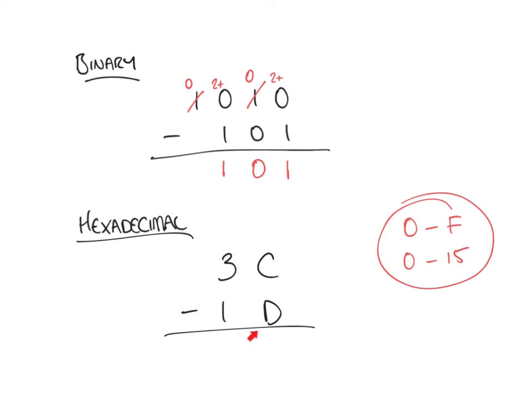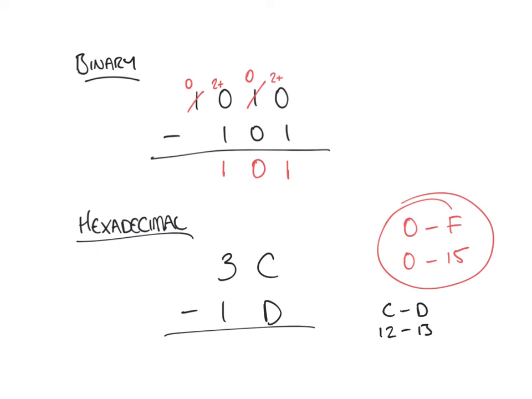We're starting on the right hand side. C minus D. So first of all, remembering that C corresponds with 12 as a decimal number and D corresponds with 13. And so what we can do, in fact, I'll make a little note on the side here. So we're doing C minus D, and so that corresponds with 12 minus 13.